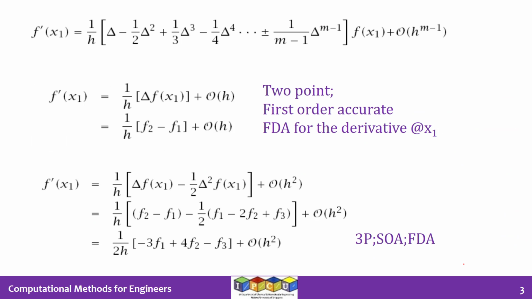If you continue that until the last term in the square brackets, which will correspond to alpha to the power of m minus 2. Because in the original polynomial f of x, the last term in the square bracket would have alpha to the power of m minus 1.